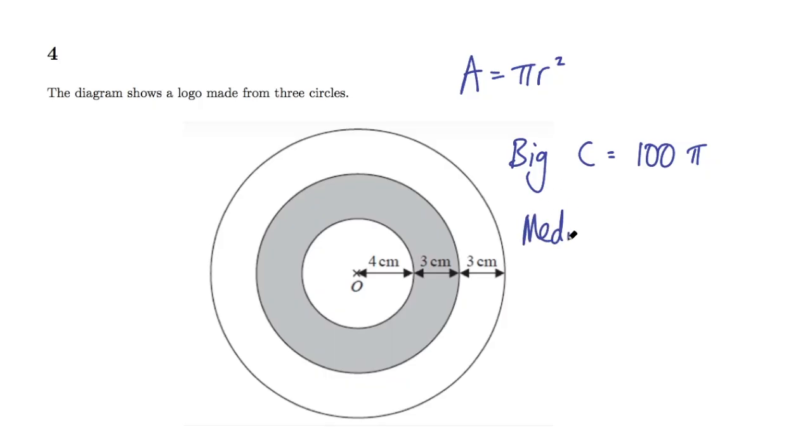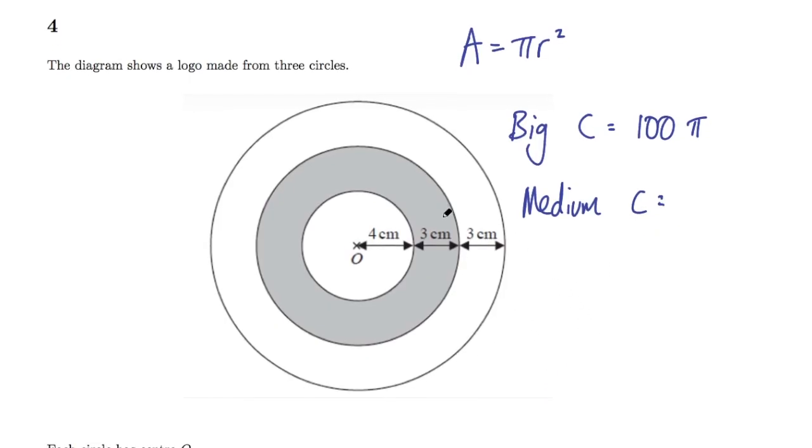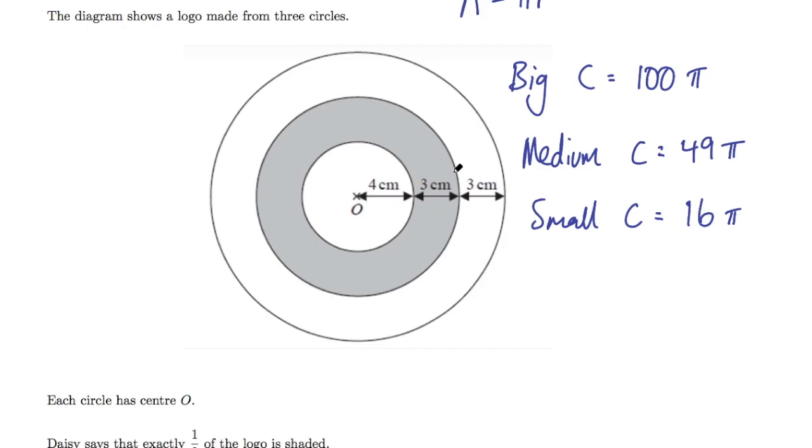Now the medium circle, the area of that medium circle is going to be 7 squared times pi. 7 squared is 49 pi, and then the small circle is going to be 4 squared times pi, so that's 16 pi. Okay, so we have all of our areas.